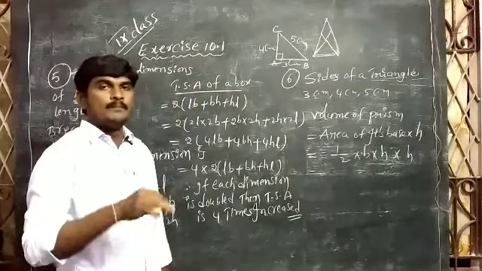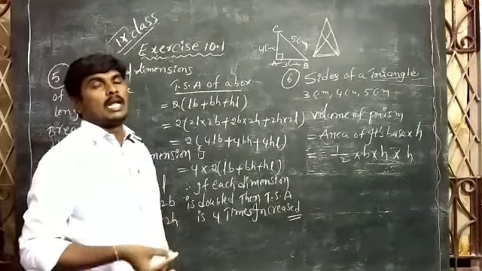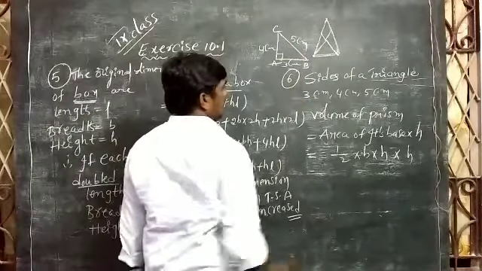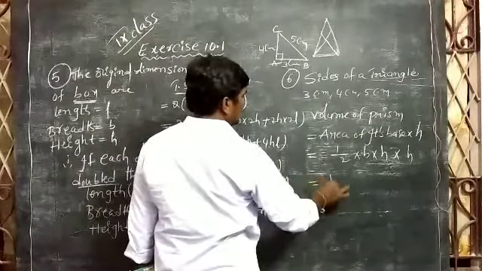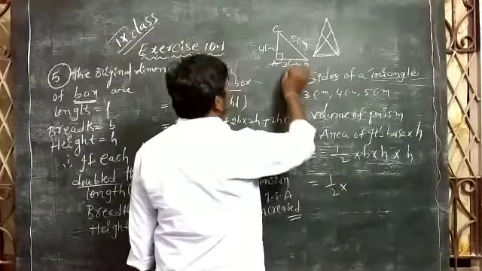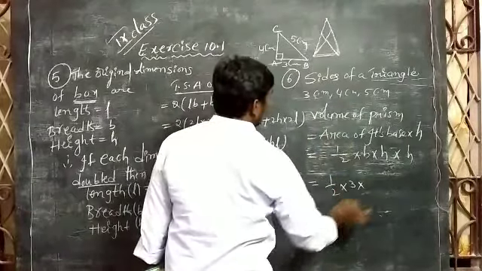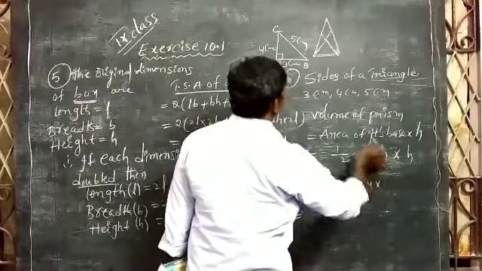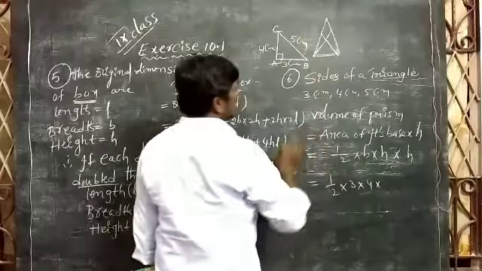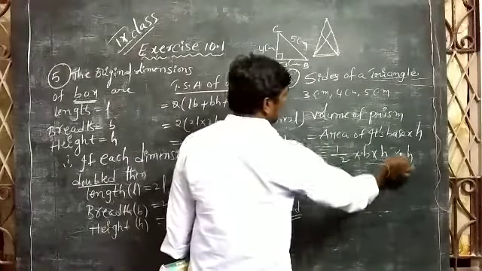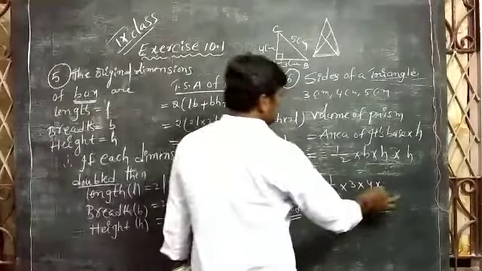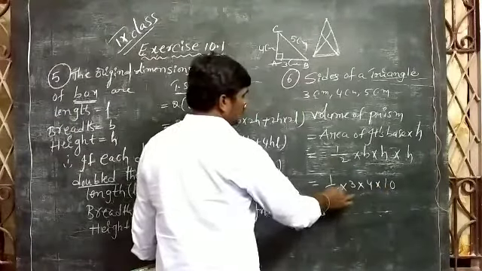In a right angle triangle, the largest side is the hypotenuse only. So half into base 3 centimeter and height 4 centimeter. The hypotenuse, here no need to take it. Height of the prism is 10 centimeter.